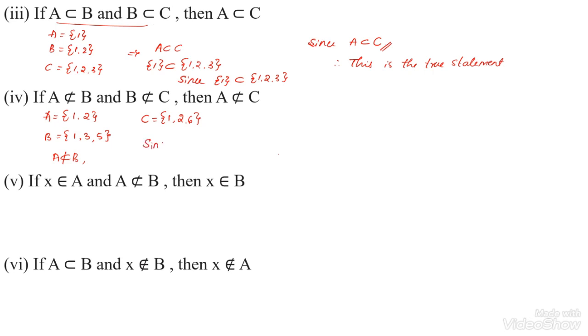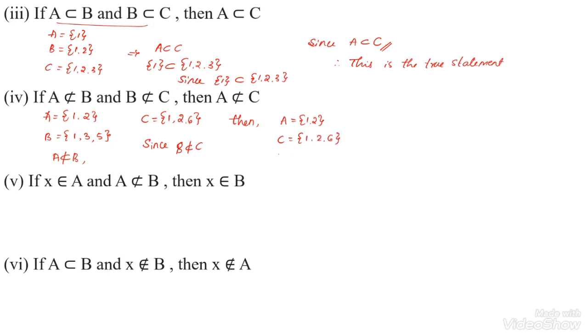Since B is not a subset of C, because B and C contain different elements. Now again, I will check. Let A be a set containing the elements 1, 2 and C be a set containing the elements 1 to 6.